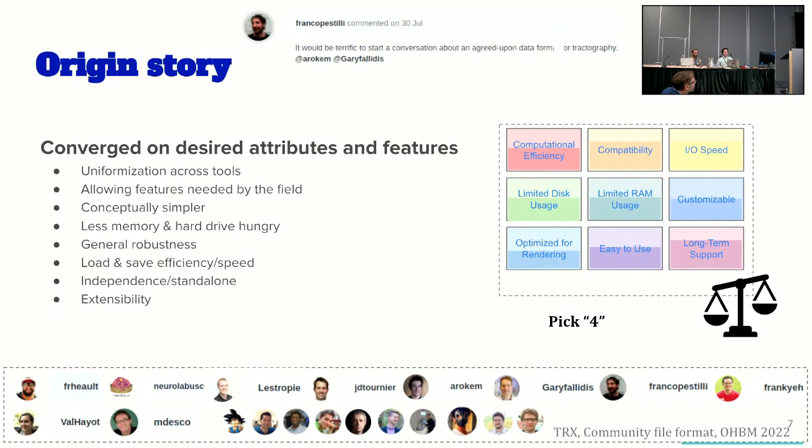So the discussion went into considering the existing file formats, their strengths and weaknesses, and the need for all these things: uniformization across tools, features that the field needs, simplicity, conceptual simplicity, and we'll talk about that when I'll show you what this file format looks like. It is, in our mind, conceptually simple, and then really all these performance requirements like memory, robustness, speed of I/O.